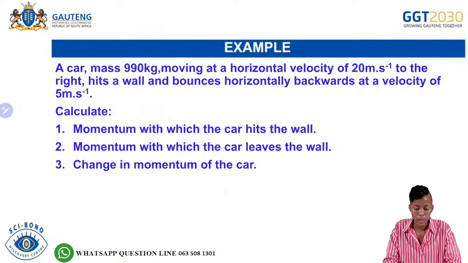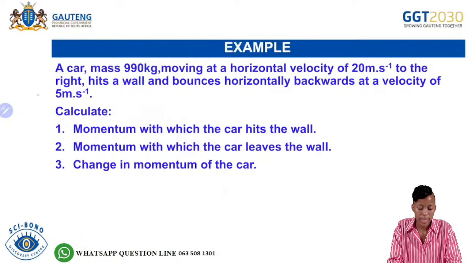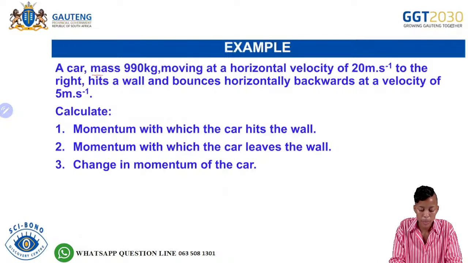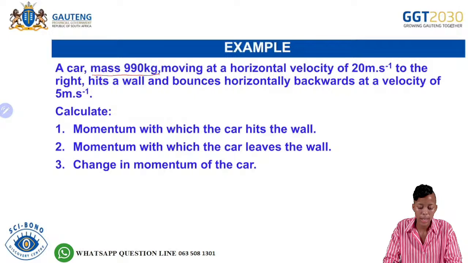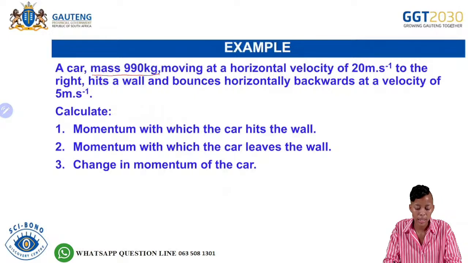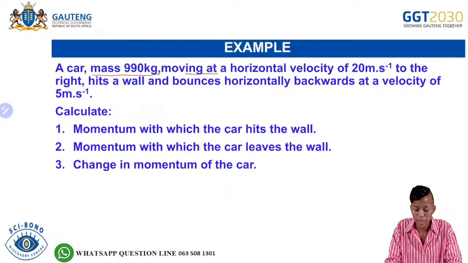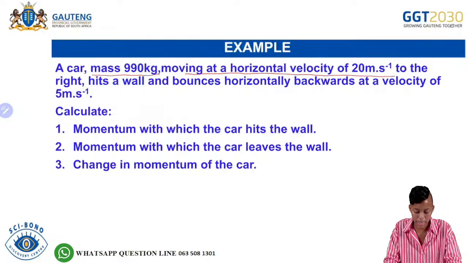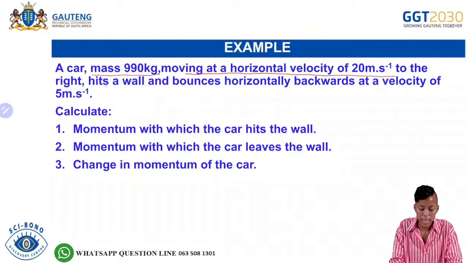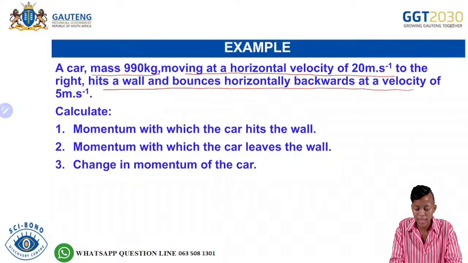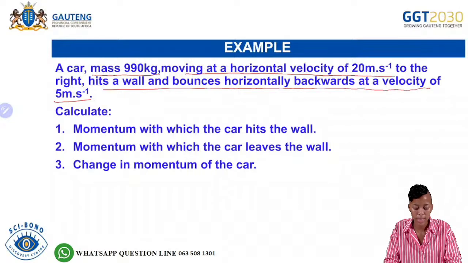Okay, then we have an example here. It says a car with a mass of 990 kilogram moving at a horizontal velocity of 20 meters per second to the right, hits a wall and bounces horizontally backwards at a velocity of 5 meters per second.